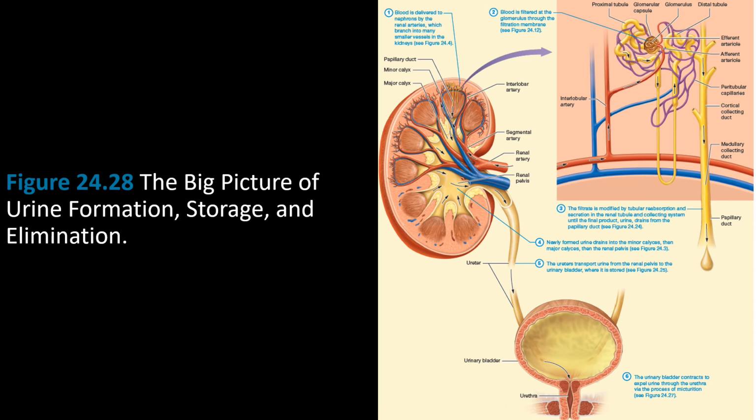And then you get down to urine drainage, where that newly formed urine drains out of this papillary duct into a calyx, a minor calyx, from a minor calyx into a major calyx, into the renal pelvis, from the renal pelvis into a ureter, from a ureter into the bladder, from the bladder through the urethra into the environment.